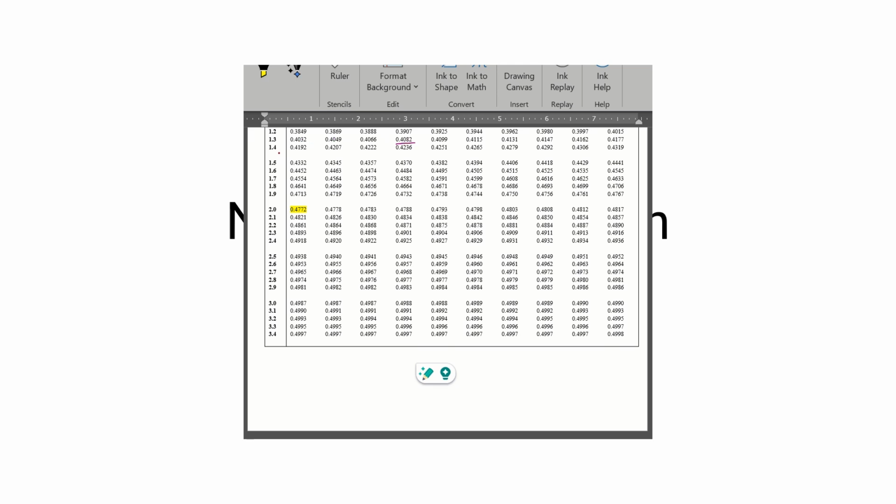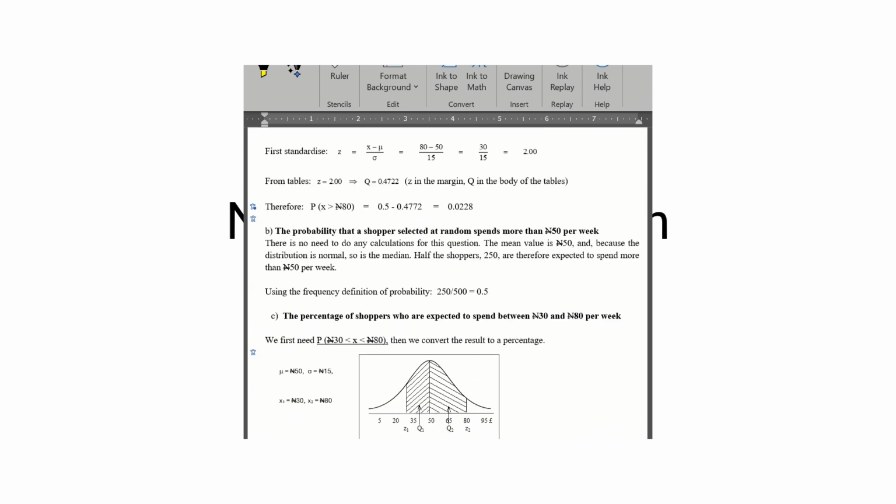But we have 1.3333, so there's still an extra 3, which means this is toward 1.34. So the value is supposed to fall within 0.4082 and 0.4099.